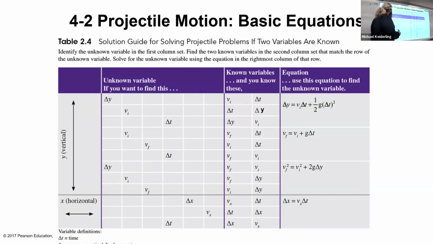Similarly, if you're looking for final velocity and you know initial velocity and time, you can use this equation. But if you're looking for final velocity, and you know initial velocity and delta y, you use this equation. And this is the equation you use for x. In general, for projectile problems, the way you tie x and y together is through time.